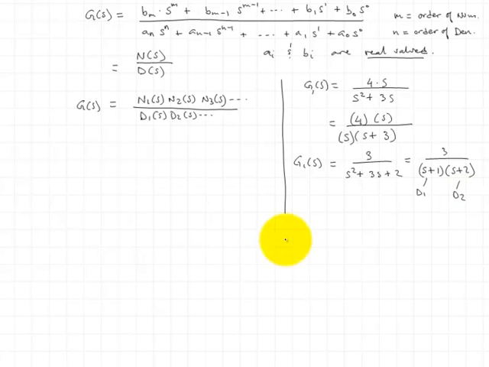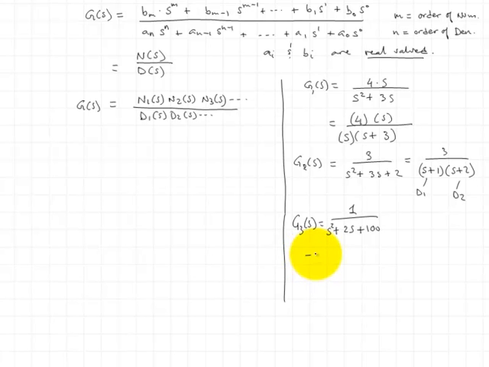Now, suppose a third transfer function, in this case, let's say it's 1 over s squared plus 2s plus 100. Looking at that, because of the size of the 0th order term compared to the middle term, I'm certain this has complex roots, and so let's use the quadratic formula to get the roots of the denominator.